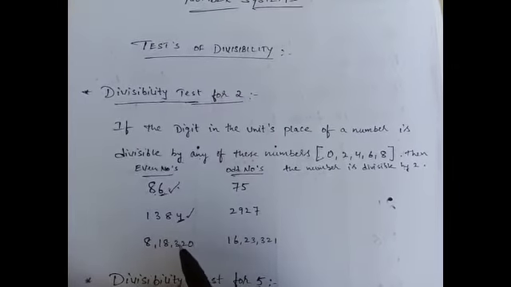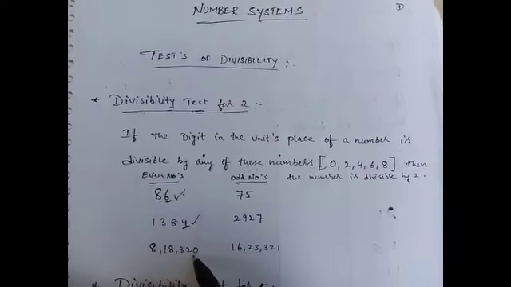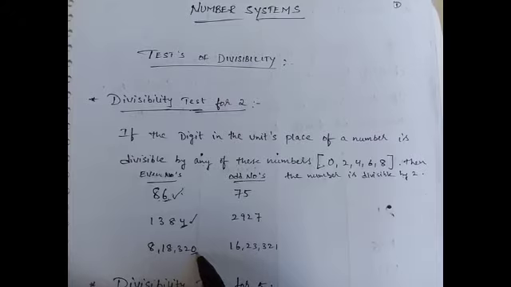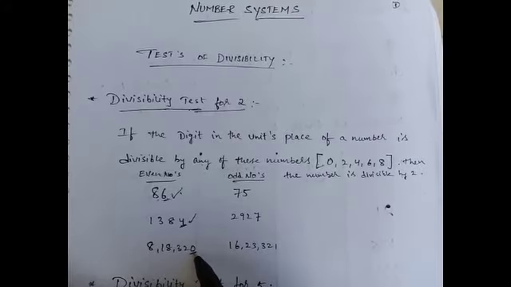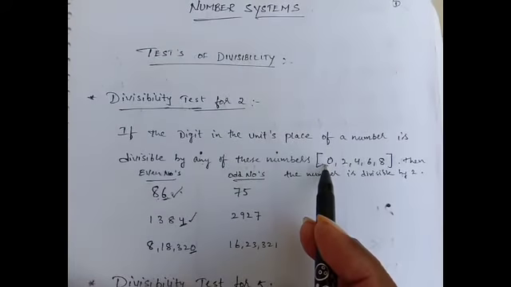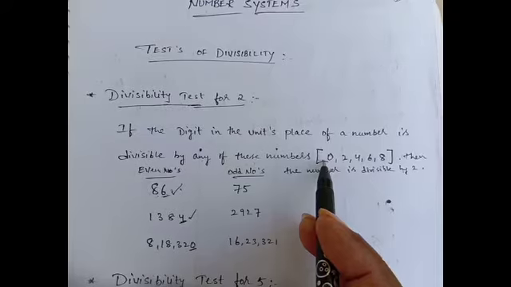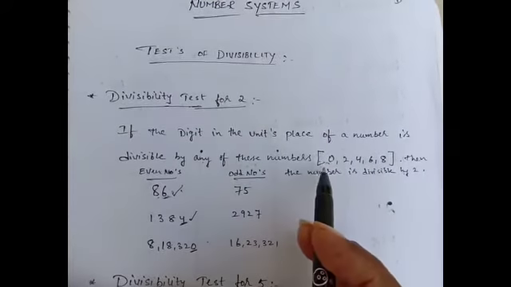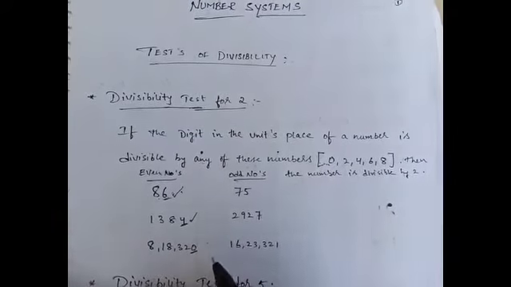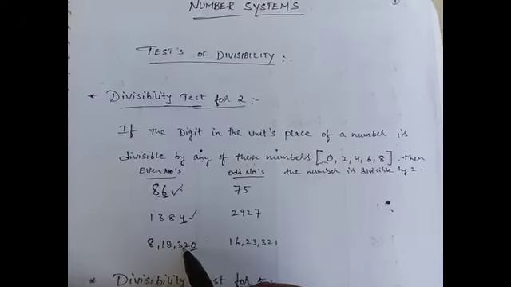So don't worry when a number is very big, you just concentrate on the number in the units place. The number in the units place here is 0, and just check whether this number is among those numbers which are the rule for the divisibility test of 2. And yes, this 0 is among these numbers, and hence 818,320 is divisible by 2.